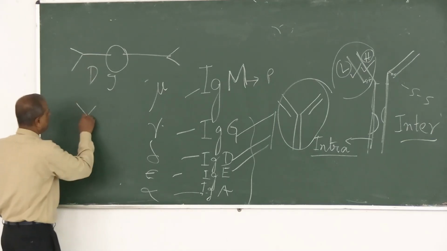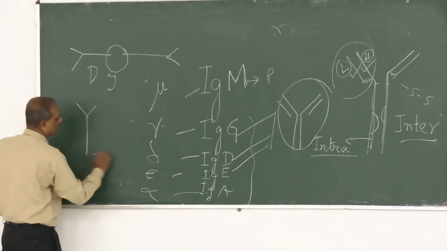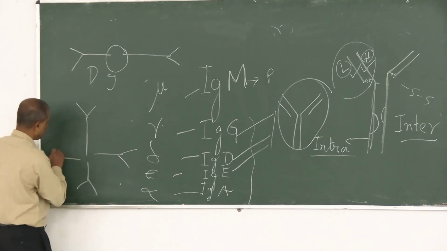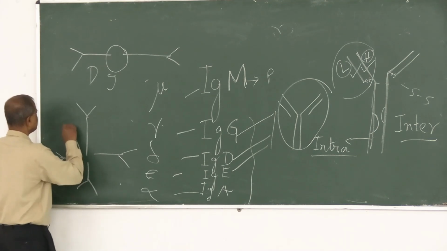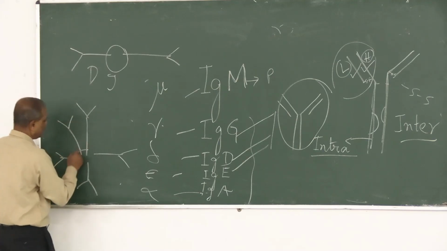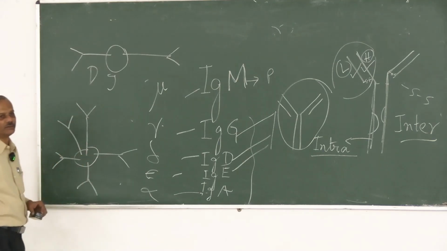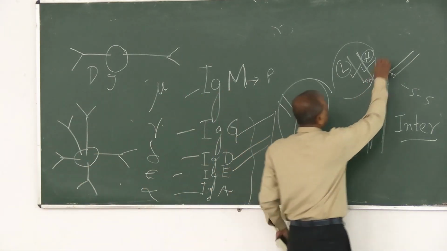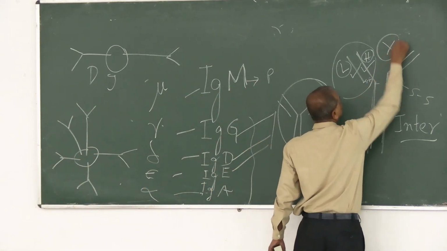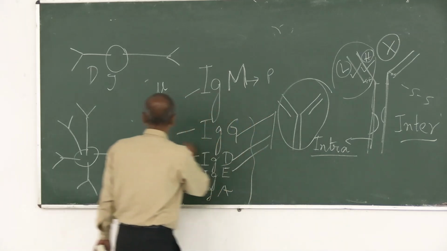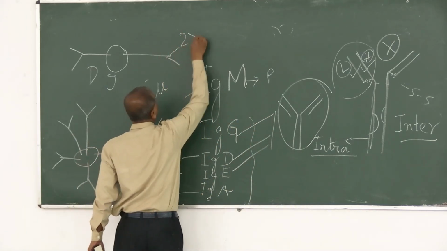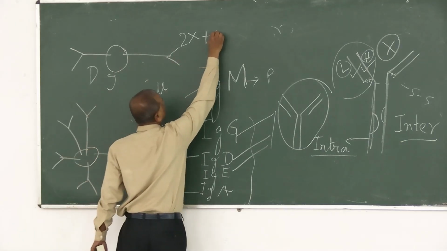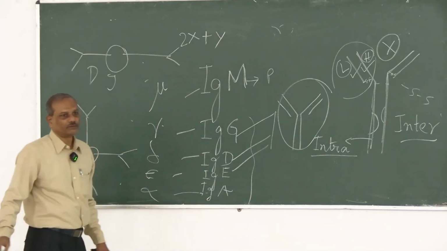and IgM has 5 attached like this. So therefore it is called a pentamer. Here one is joined with a chain. Suppose the molecular weight of this one is x, so this will be basically 2x minimum, around 2x plus the chain that binds, which will be y, right?